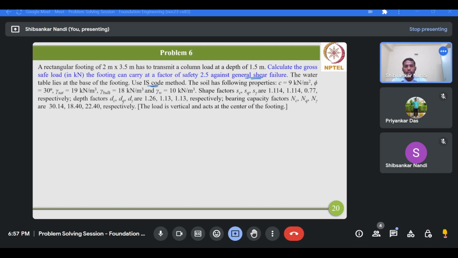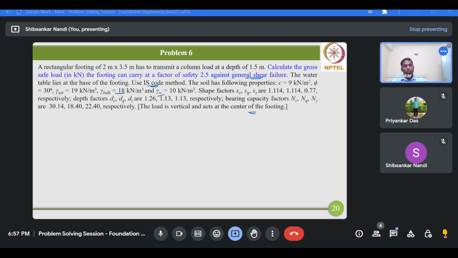IS code. The soil has the following properties: cohesion 9 kPa, friction angle 30 degrees, saturated unit weight 19 kN/m³, bulk unit weight 18 kN/m³, unit weight of water 10 kN/m³, and shape factors, depth factors, and different bearing capacity factors are also given in this problem. In addition to that, one statement is given that the load is vertical and acts at the center of the footing.